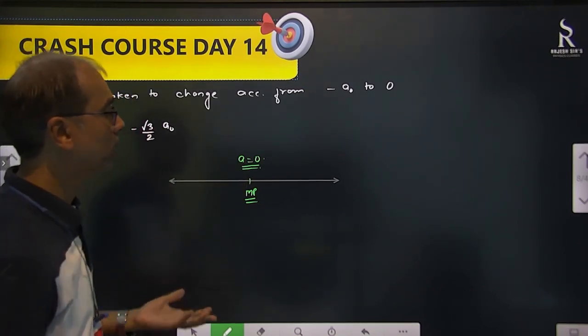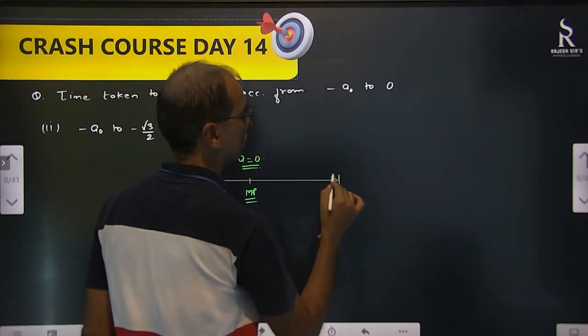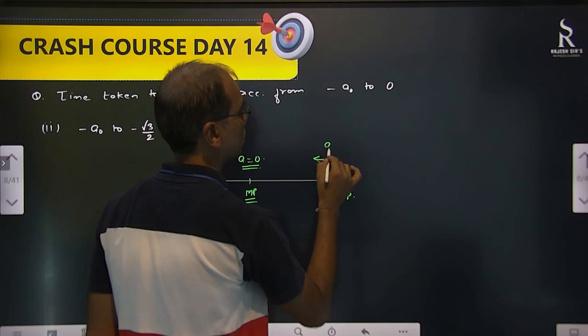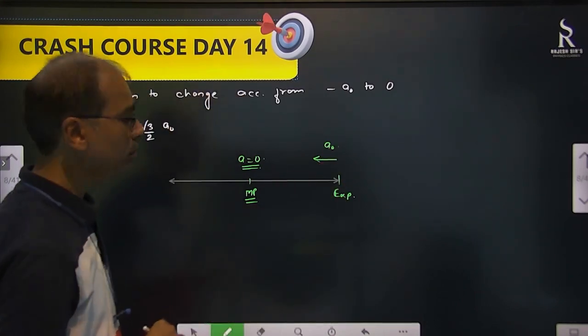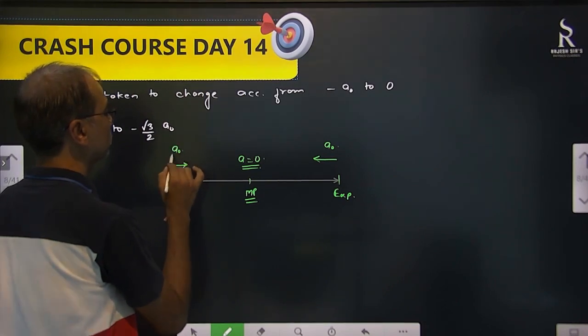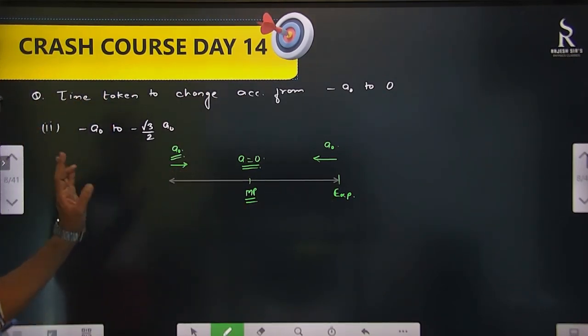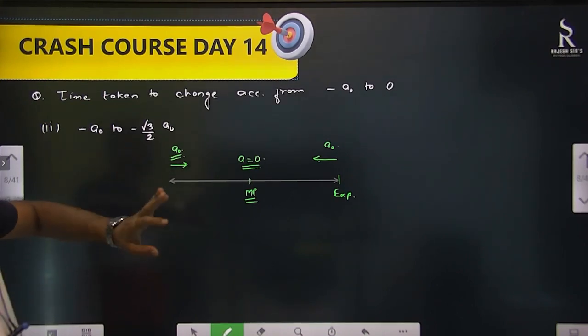Then where is minus a naught? Here, at extreme. Acceleration is in this direction. Here also acceleration will be a naught, but it will be plus. So here only it's minus. So he says, time taken to change acceleration from minus a naught to 0.